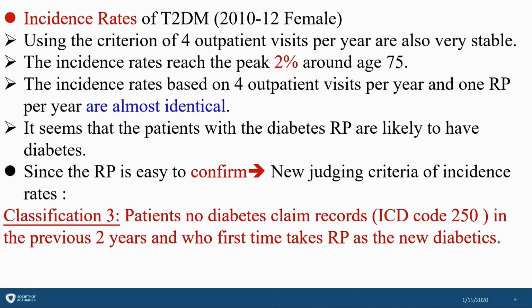The incidence rates based on 4 outpatient visits per year and 1 RP per year are almost identical. It seems that patients with a diabetic RP are likely to have diabetes. Since RP is easy to confirm, we set the new judging criterion of incidence rate as Classification 3: patients with no diabetic claim record in the previous 2 years, and who first take RP, are the new diabetics.